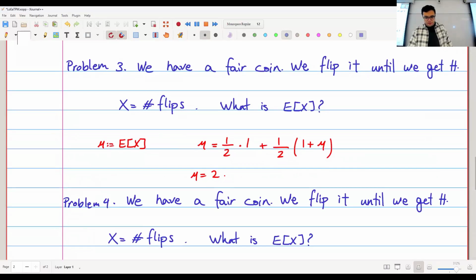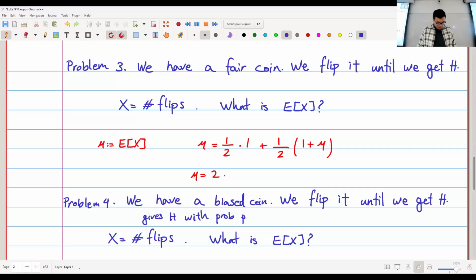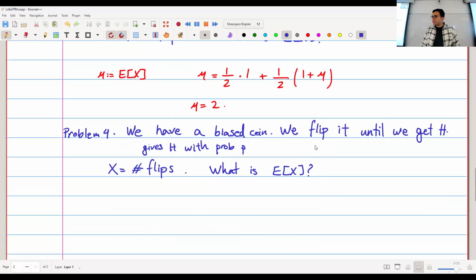I'm going to say we have a biased coin, and this coin gives us heads with probability P. We flip it until we get heads. Again, I say X is the number of flips, and the question is, what is the expected value of X? So how many times do I expect to flip this coin until I get heads for the first time?